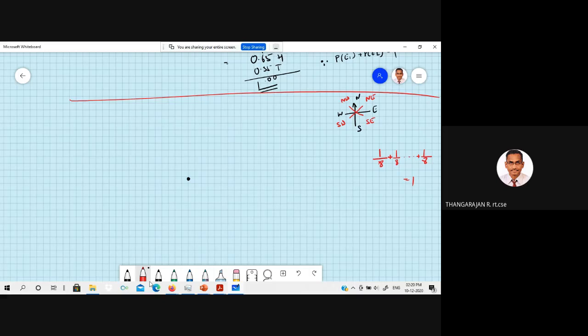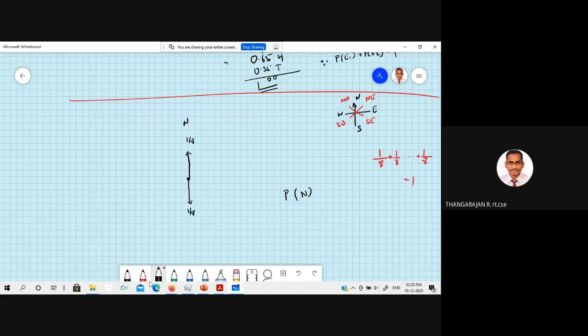Now I will say the ant is moving north. The probability of the ant moving in the northward direction is 1 by 8, and the probability of the ant moving south is also 1 by 8.